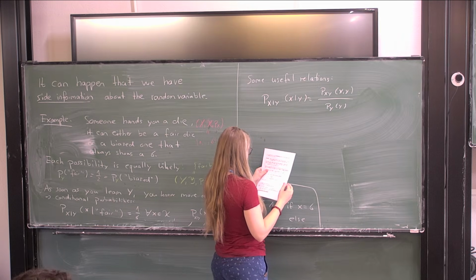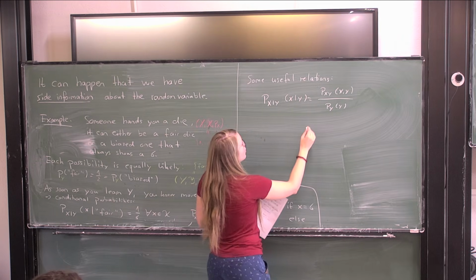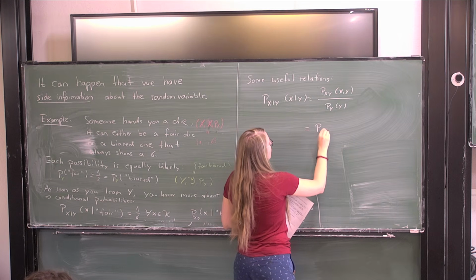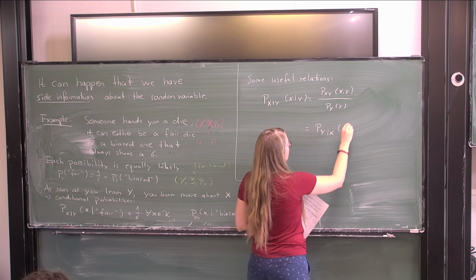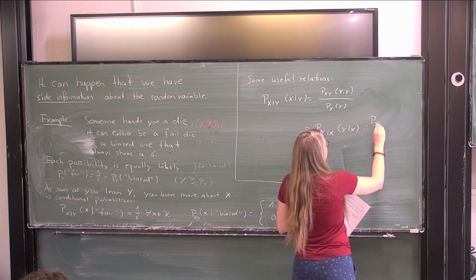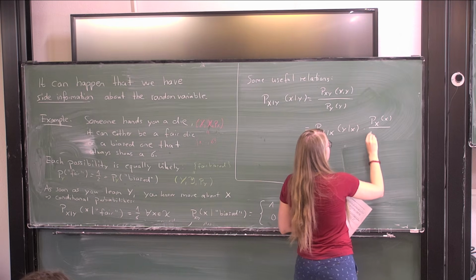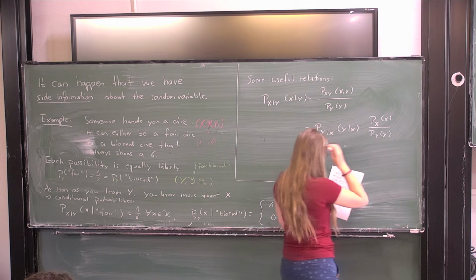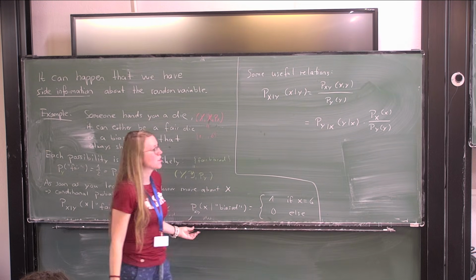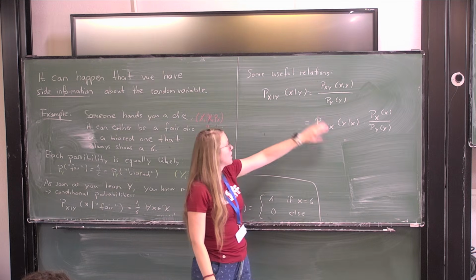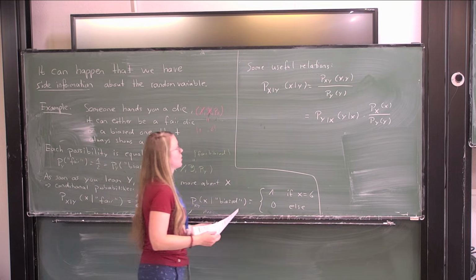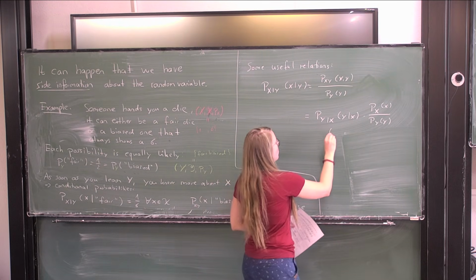And I can rewrite this, changing the conditioning. Some nice mathematical relations that we need to calculate. So the latter is also called Bayes' rule.